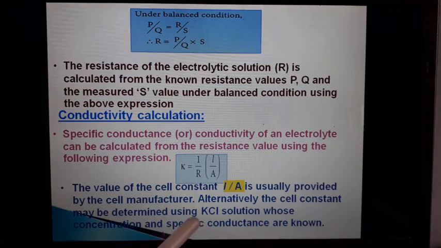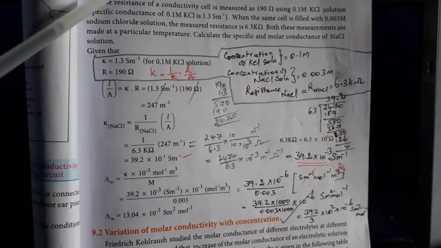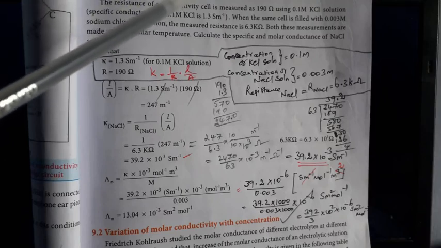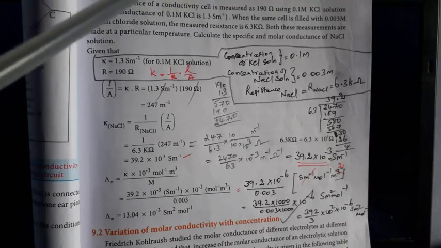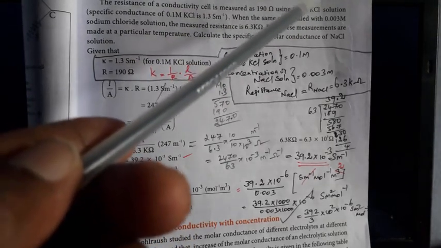Now the problem, I will show the book. This is the problem. The resistance of a conductivity cell is measured as 190 ohm using 0.1 mole potassium chloride solution.